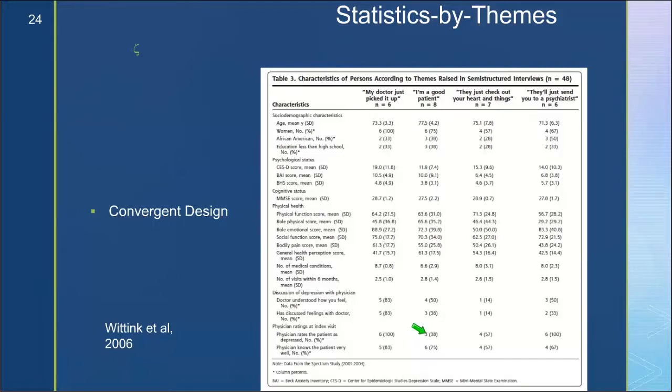So without combining these 2 forms of data, they wouldn't have learned that, for example, for an older adult who presents as a good patient, they don't really want to bother their provider, even though their depression score is lower. It's perhaps particularly important to probe on depression status because as is, only 38% of these older adults were rated as depressed by their physician.